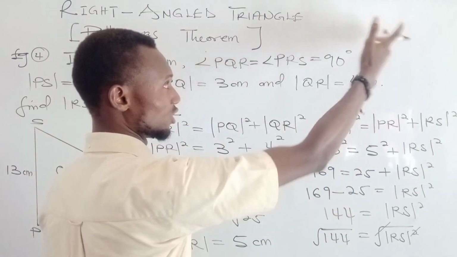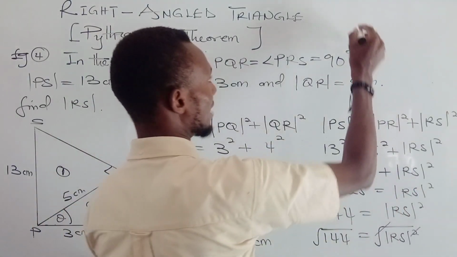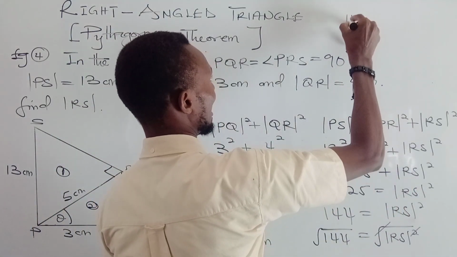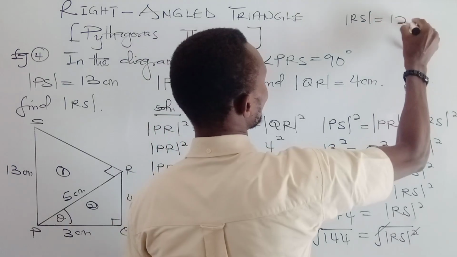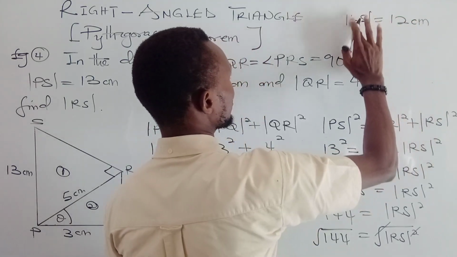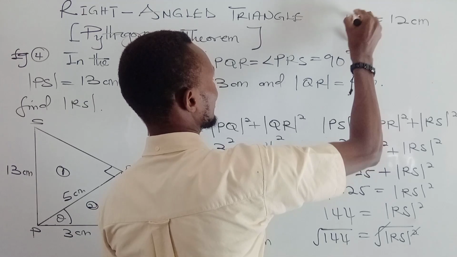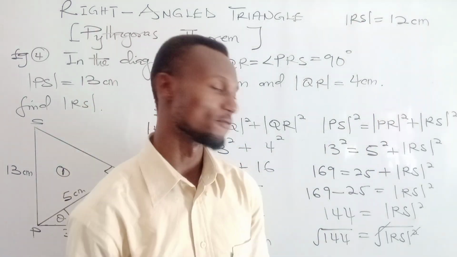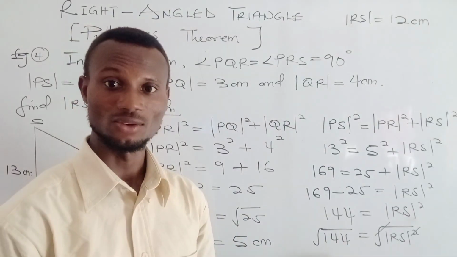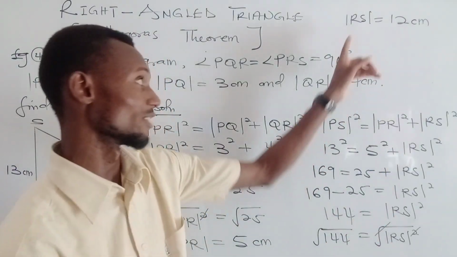So let me continue from this side. We'll have that line RS will be equal to 12 centimeters. That's the answer for finding line RS. There isn't enough space here, that's why I've written it up here.